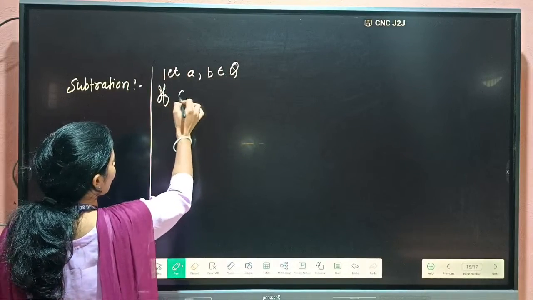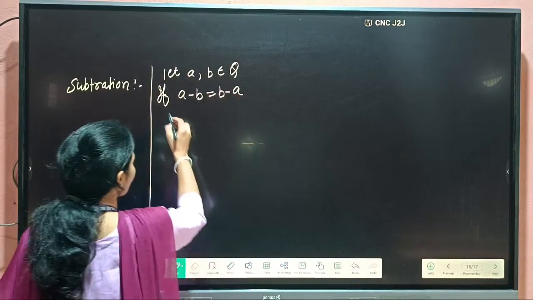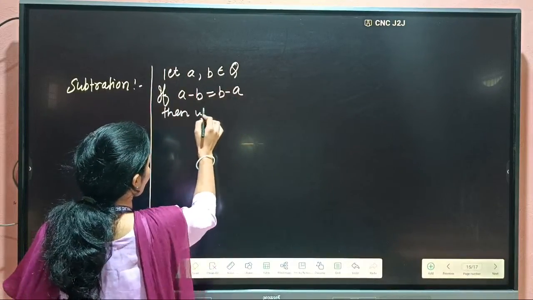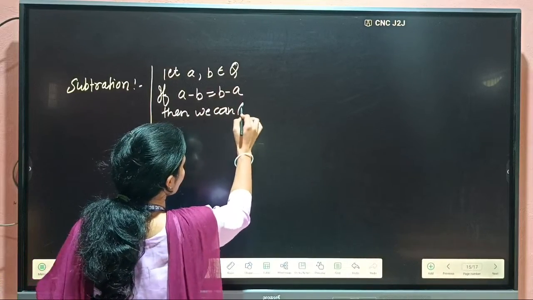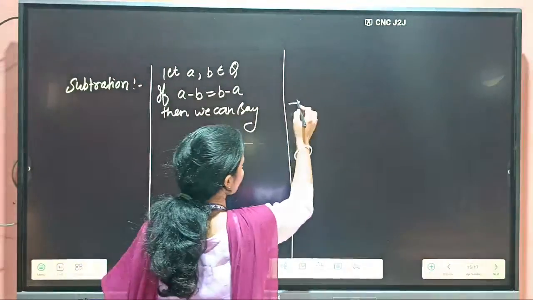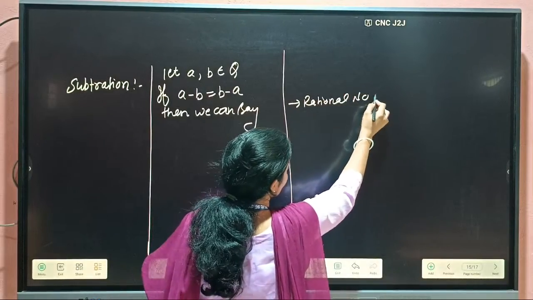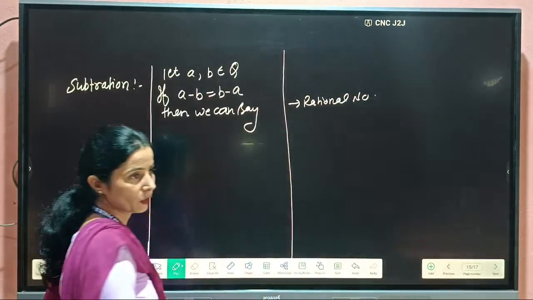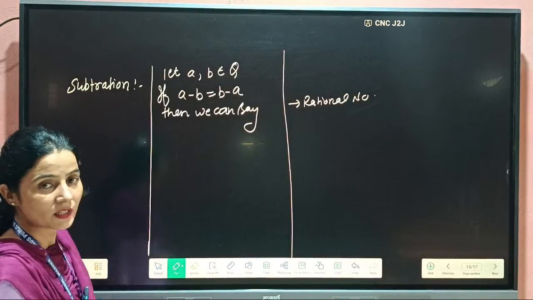If A minus B equals B minus A, then we can say rational numbers hold commutative property under operation subtraction.